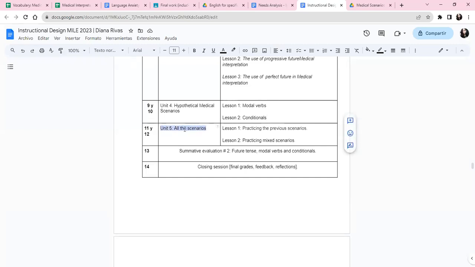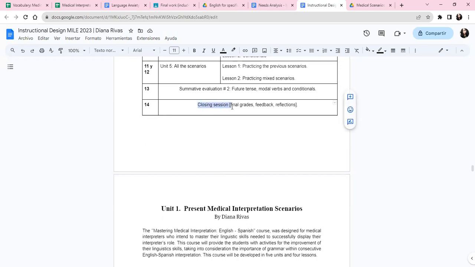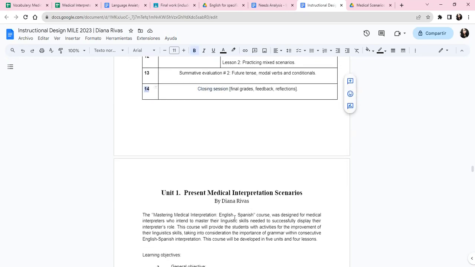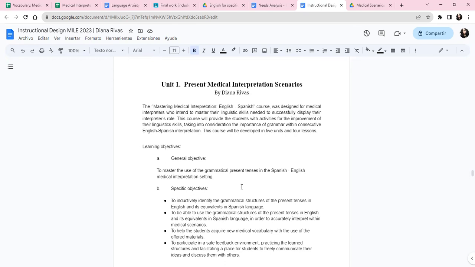And for unit 5, we will be practicing all these scenarios together, practicing the previous scenarios, practicing mixed scenarios. And for the last evaluation, we will have future tense, modal verbs, and conditionals. So we will have a closing session for week number 14, and that would be all.